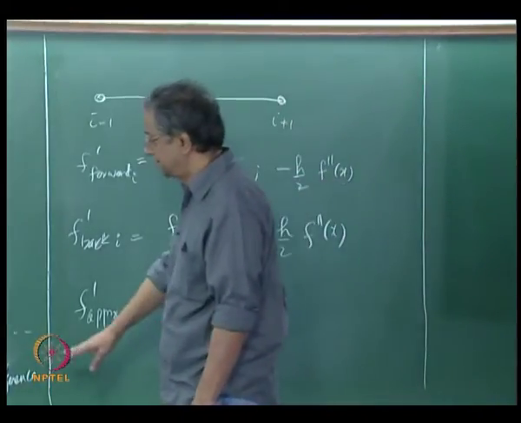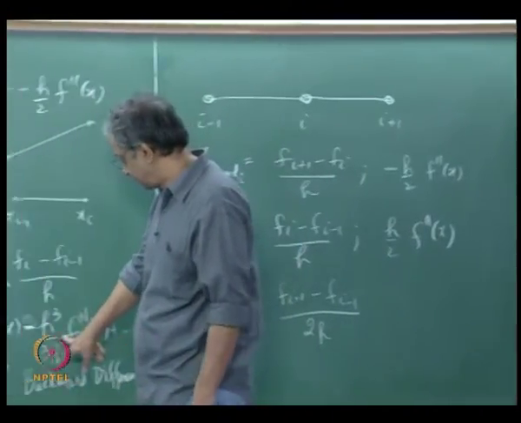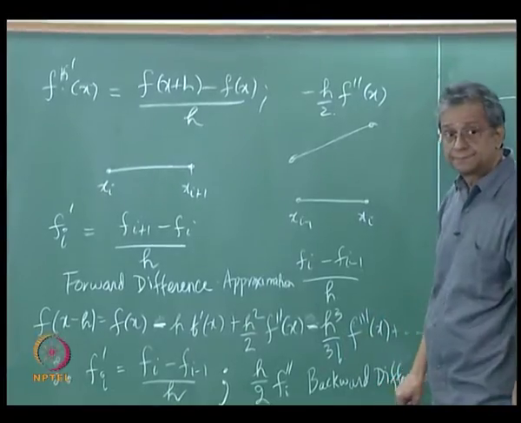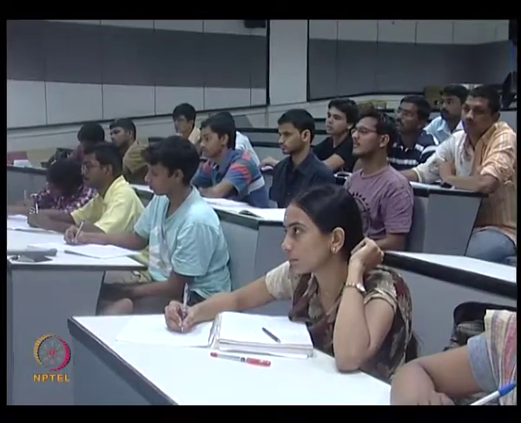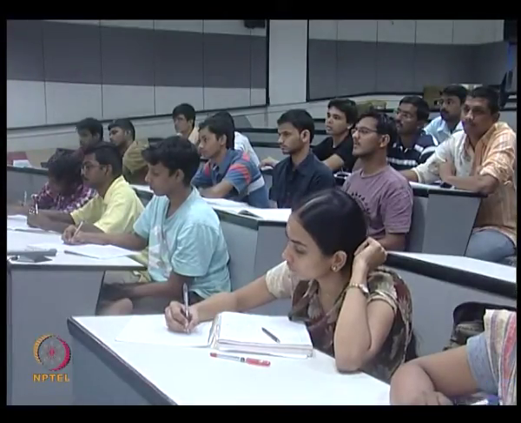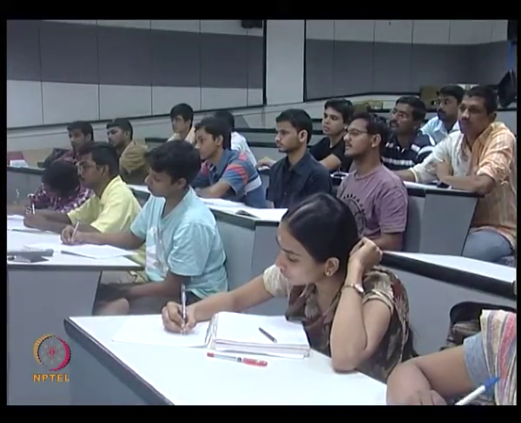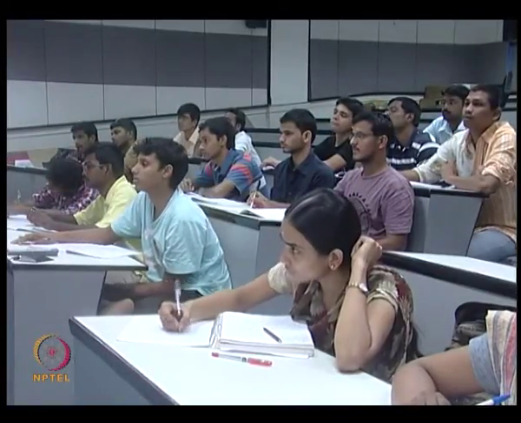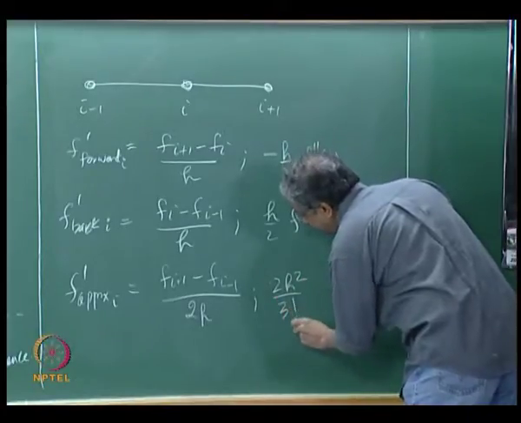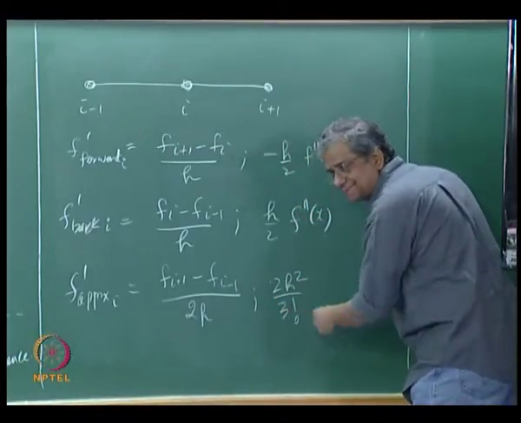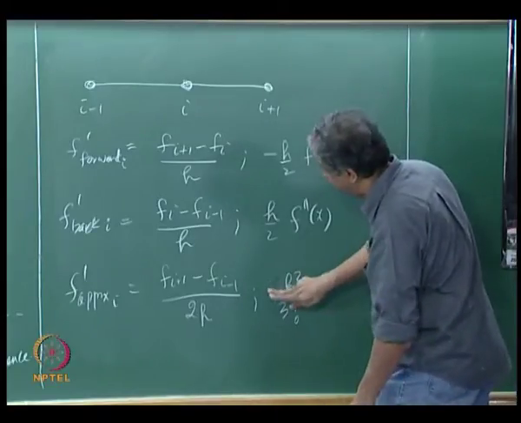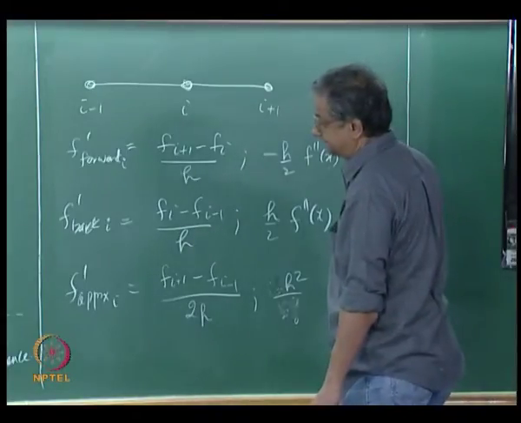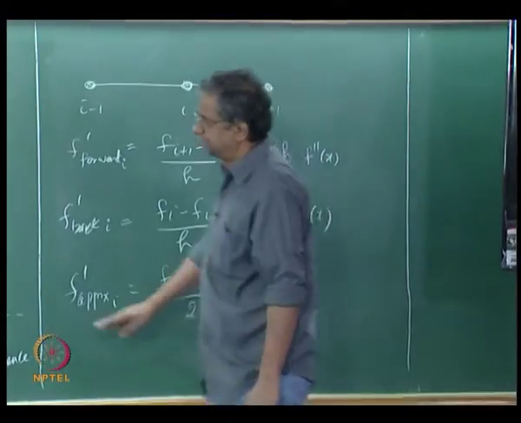What is my truncation error going to be like? I have a minus h cubed by 3 factorial, which is plus h cubed by... truncation error is 2h squared by 3 factorial, which of course has a... we can just do it.